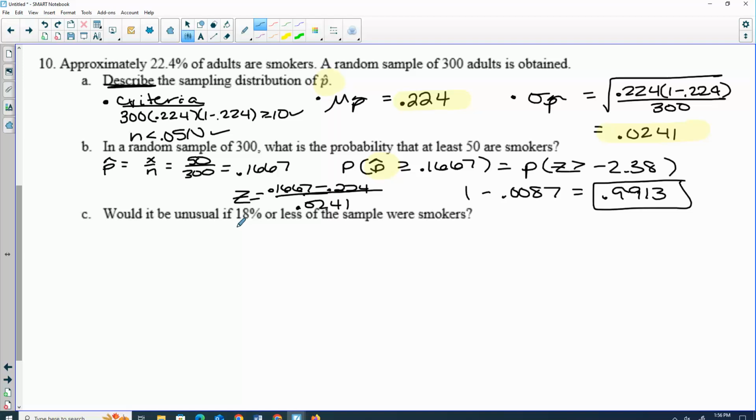So would it be unusual if 18% or less? So we're finding probably it's a percent, so that p hat is less than 18% would be 0.18. So we need our z, so our value minus the mean divided by standard deviation.